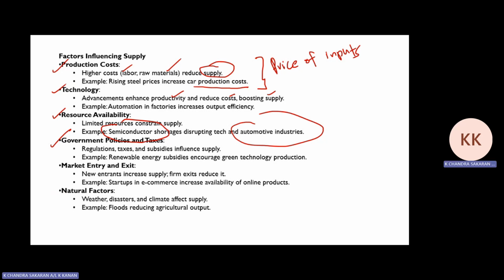So for every industry, there is a certain kind of government control. The industry that you have chosen, what are the regulations for that particular industry? You must find out. The specific details of the industry's government policy must be mentioned in your project. Okay. So for example, is there any regulation? Is there any tax imposed?